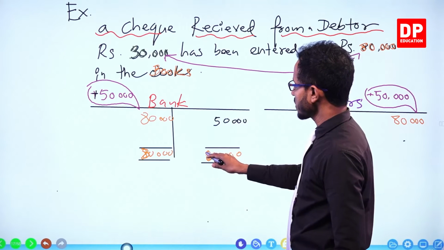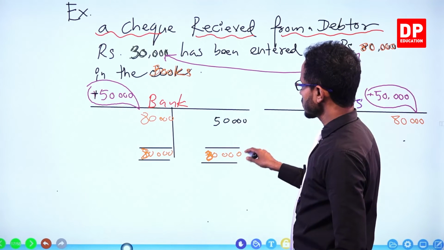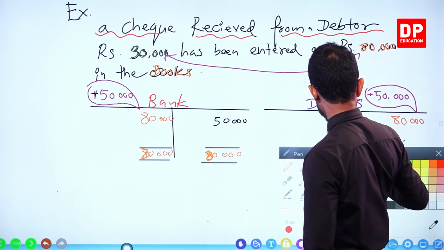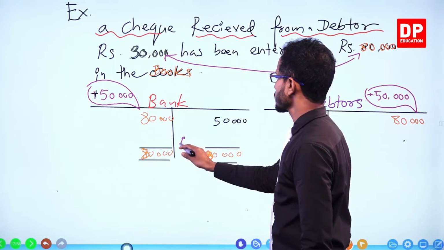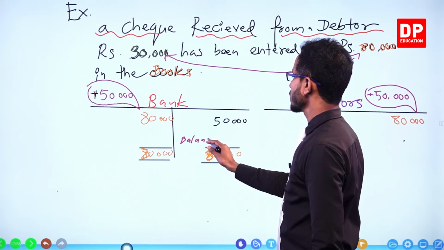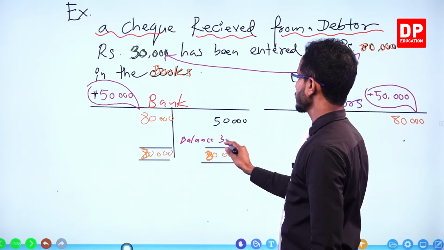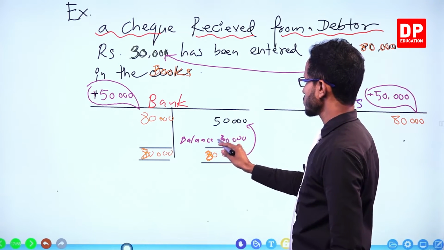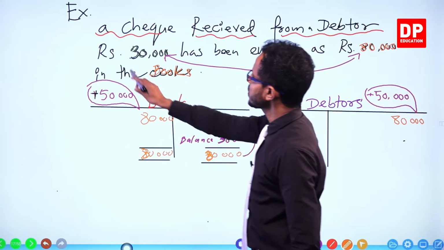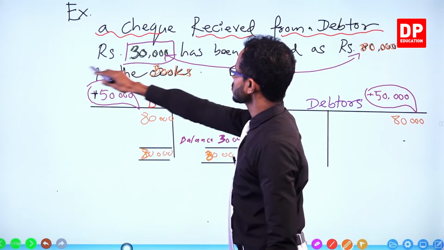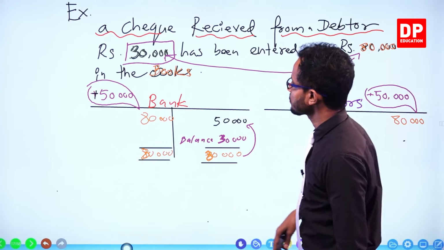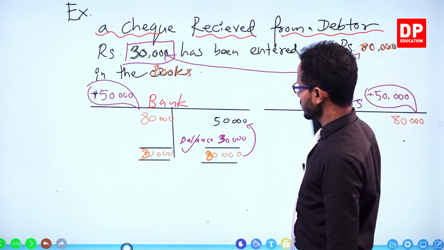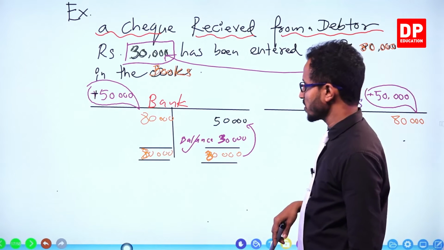And from this 80,000, you must subtract 50, and the balance remaining will be 30. That is the correct value which should be in the account. So we got the correct value, 30.